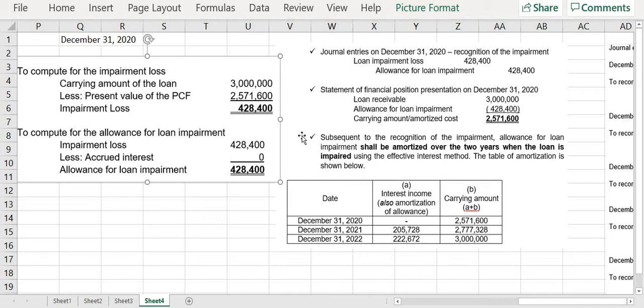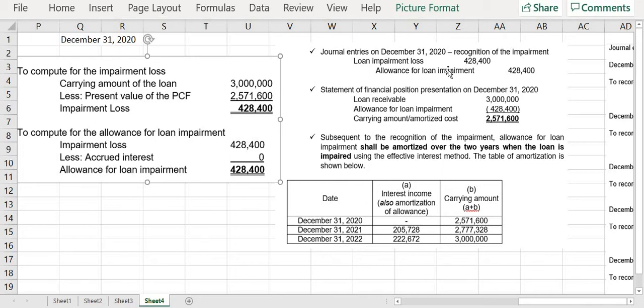So, in this illustration, dahil sa 2 years lang siya hindi makakapagbayad ng interest, within 2 years lang din natin i-amortize si allowance for loan impairment. Okay? So, unlike kanina, sa previous illustration, dahil wala talagang collection of interest, in-amortize natin yung allowance for loan impairment for the rest of the life of the loan.